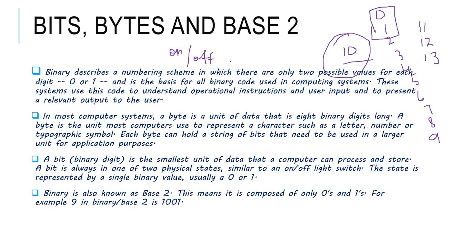Binary denotes on and off by using two digits, 0 and 1. So on is denoted by 1 in the binary system and off is denoted by 0.